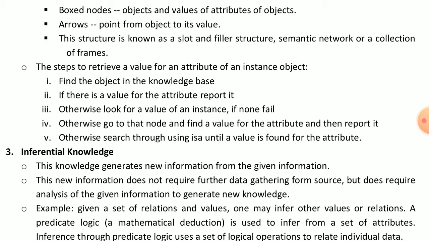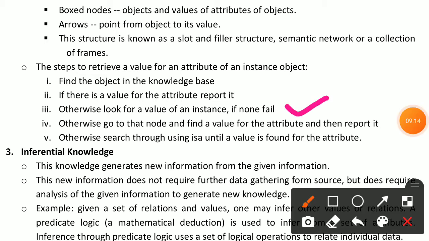Third, if the value is not given, then we can look for the values of an instance. If the attribute value is not given, then we can find out the object value, and if it is not given, then the process fails.